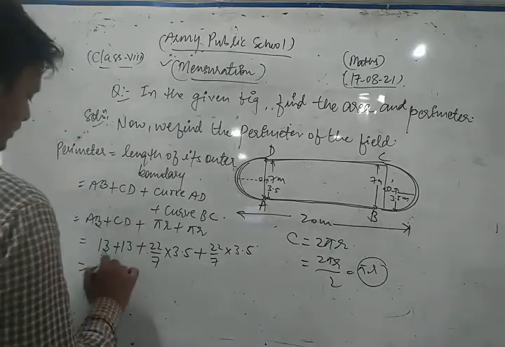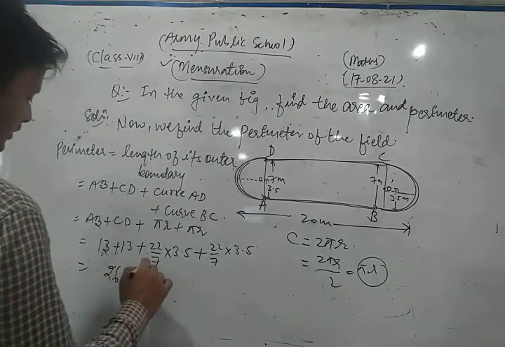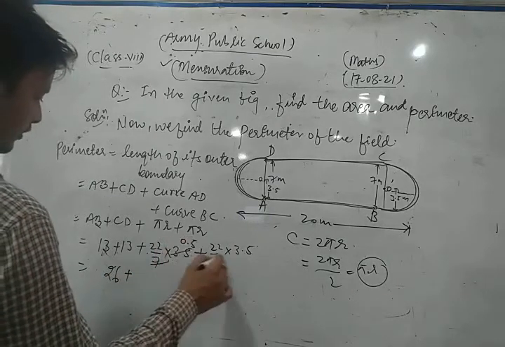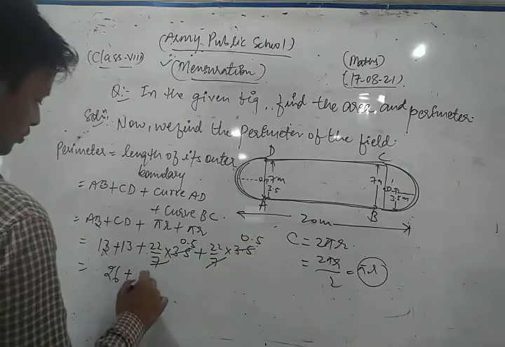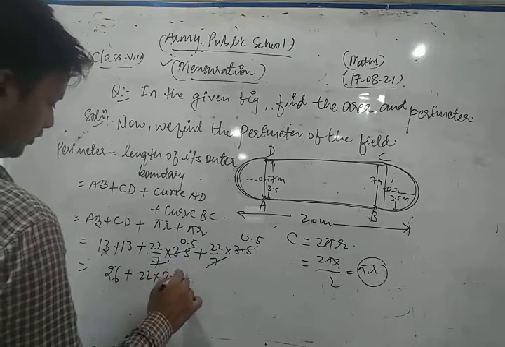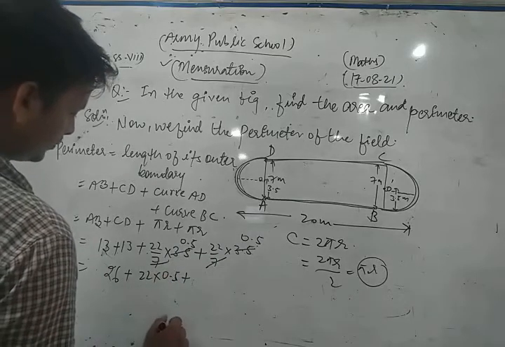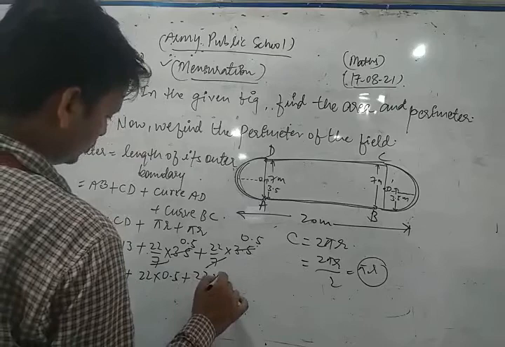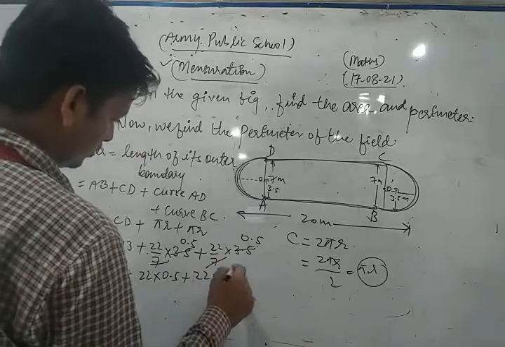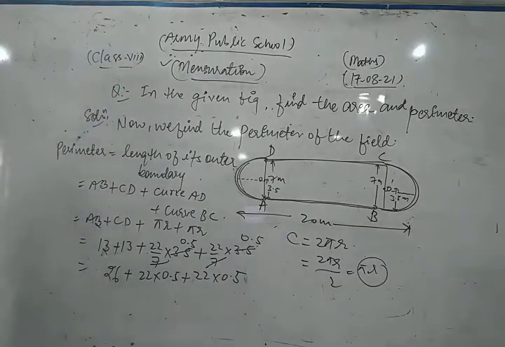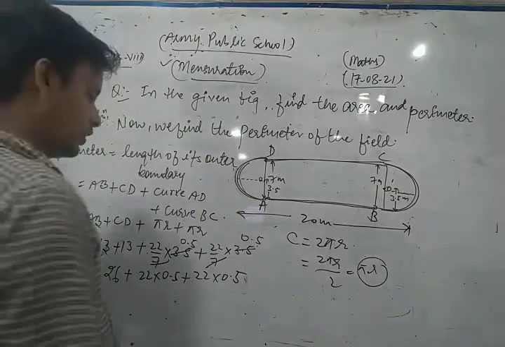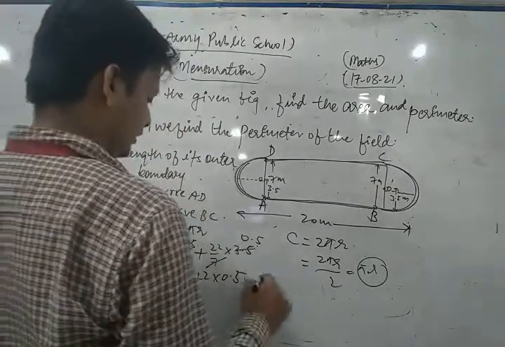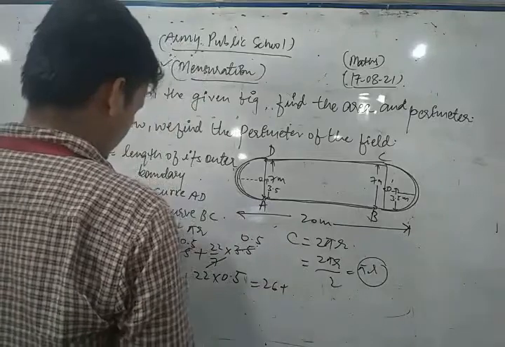Look, this is 26 plus 22 into 0.5 plus 22 into 0.5, which is what?